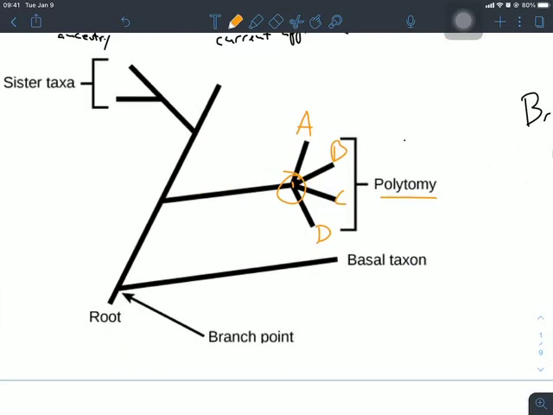We also will refer to the traits that are close to the root, close to the base of the tree, as our basal taxons, meaning a species that can be fairly archaic in how it looks.